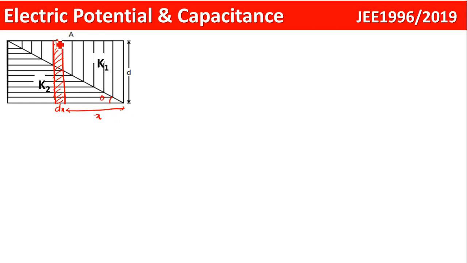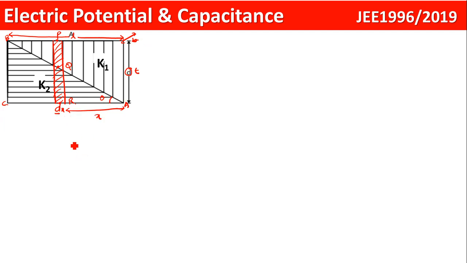Let me call these edge points P, the point where K1 and K2 are separated Q, and the other end R. Let me name this side A, this side B and this side C. The length of this parallel plate capacitor is L and the breadth is B, and let me rename the separation as T so that you don't get confused between this D and that D.